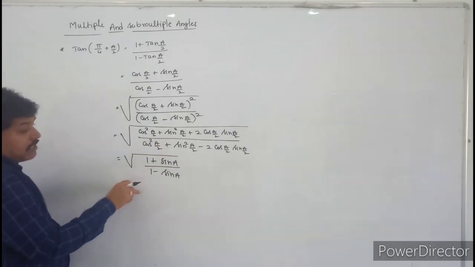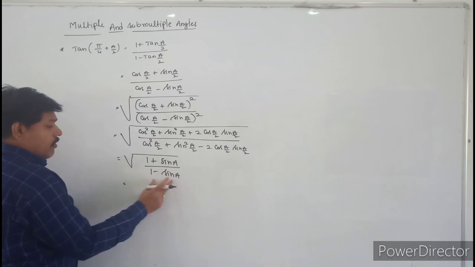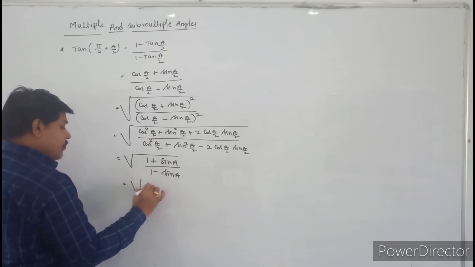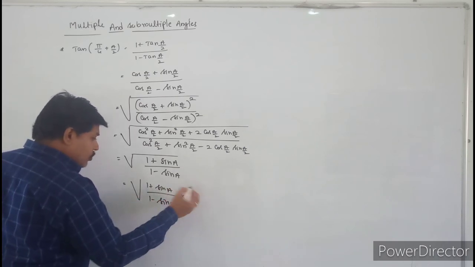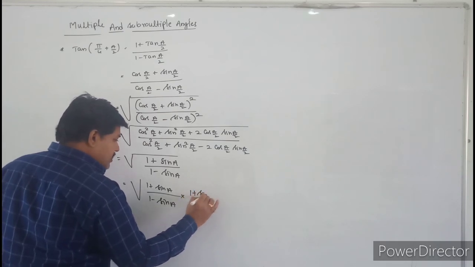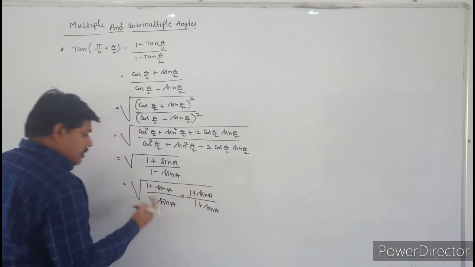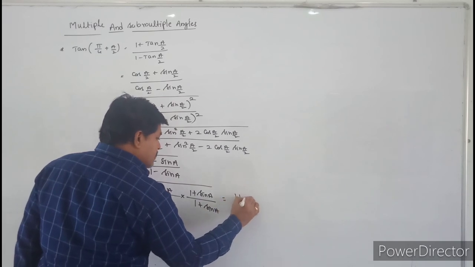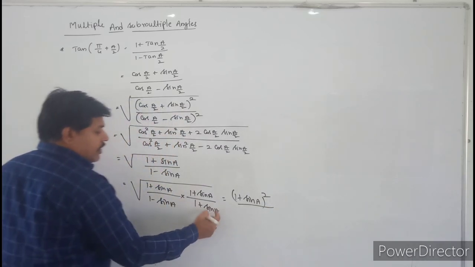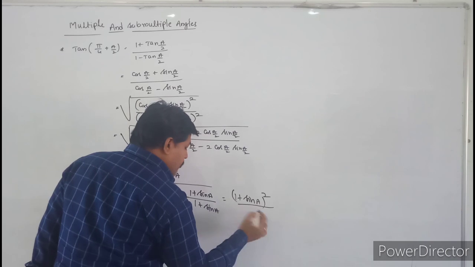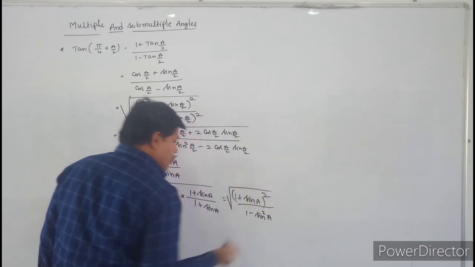Do you understand that? Also, if you rationalize this with 1 minus sin A, that is nothing but the square root of 1 plus sin A by 1 minus sin A into, I am multiplying with 1 plus sin A and dividing with 1 plus sin A. So it will become 1 plus sin A whole square by A minus B into A plus B, which is A square minus B square, so 1 minus sin square A, all under the root.